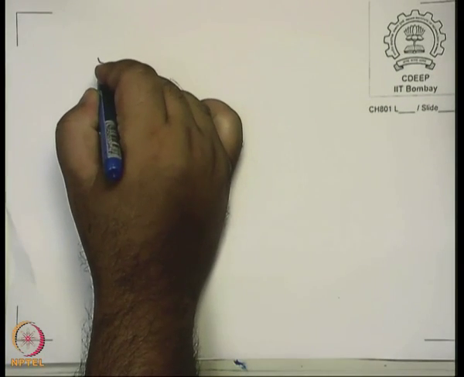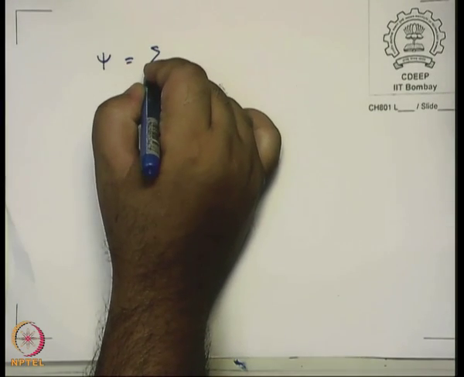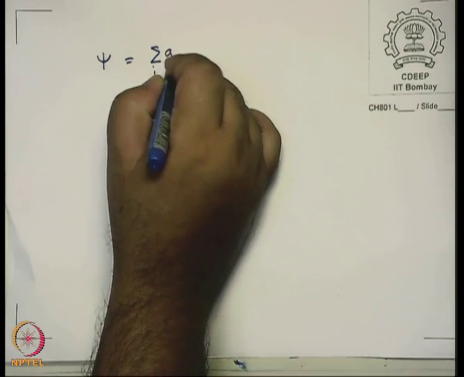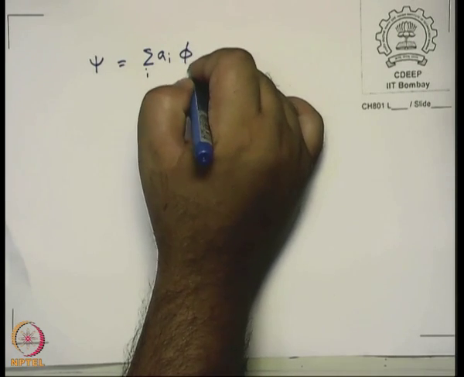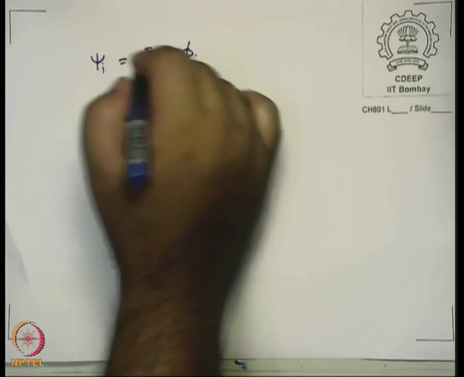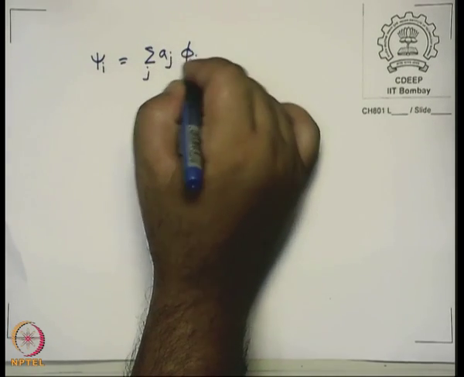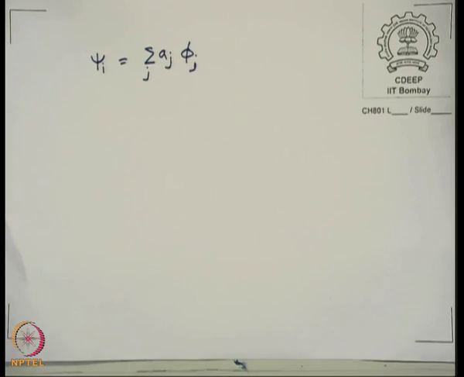Let us say this psi is some linear combination of... Now I think I need to use this: psi I is equal to sum over j a j phi j. Okay.